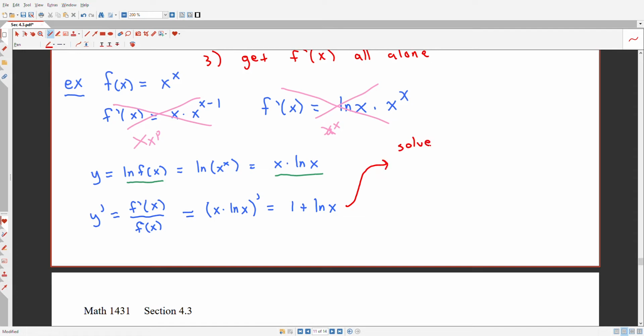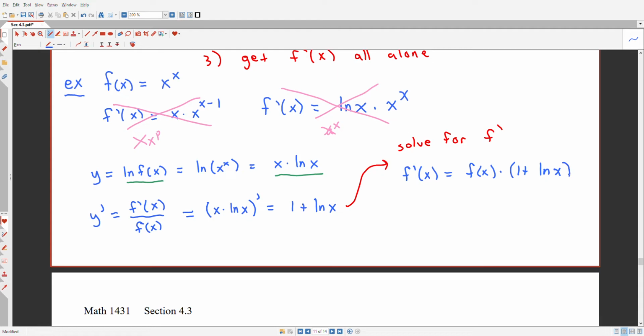And so really, all that requires me to do is multiply everything by the denominator, f of x. So I learned that f prime of x equals f of x times 1 plus the natural log of x.